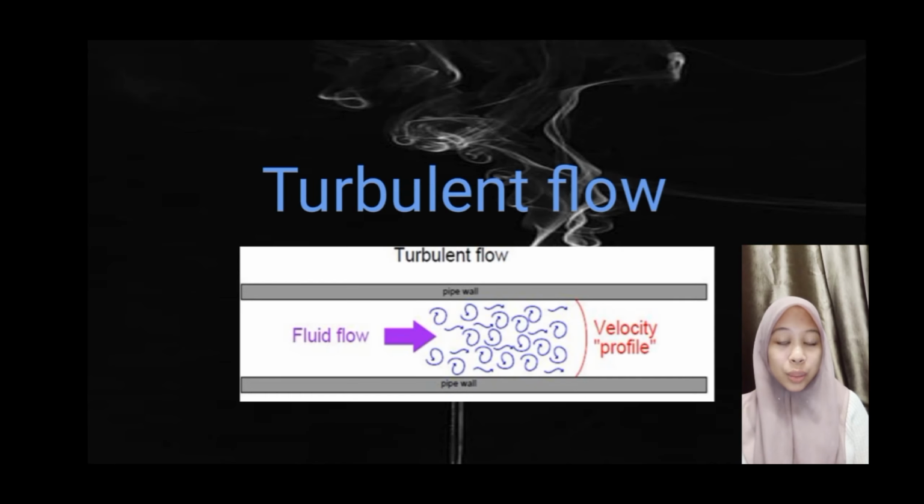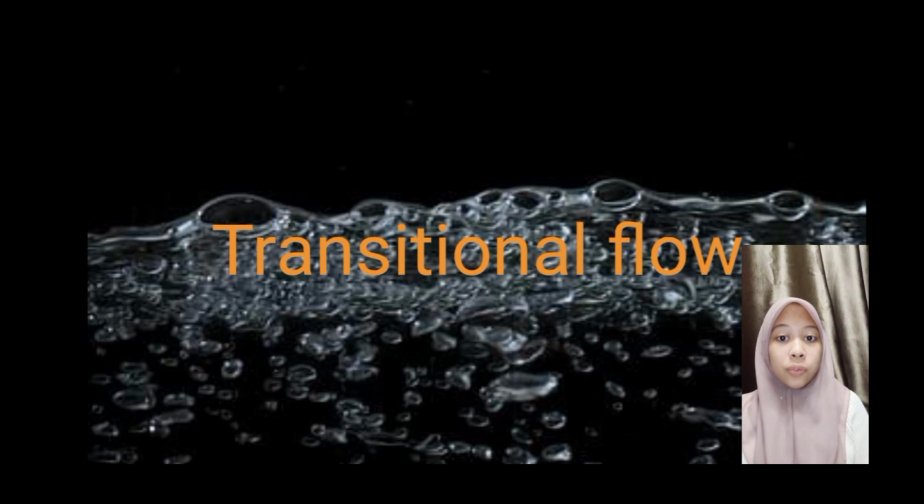Next, the turbulent flow. In turbulent flow, vortices, eddies, and wakes make the flow unpredictable. Turbulent flow happens in general at high flow rates with larger pipes. Next, transitional flow.